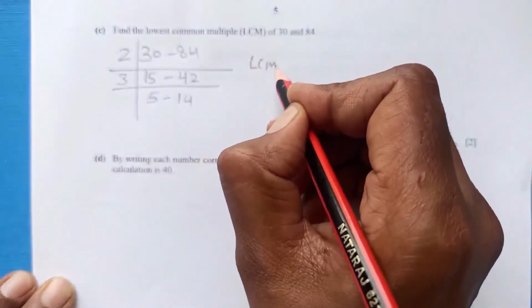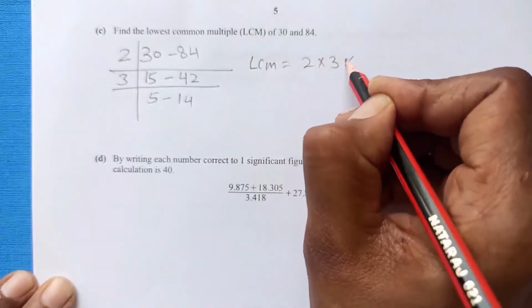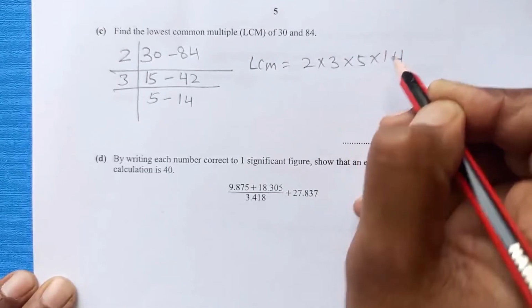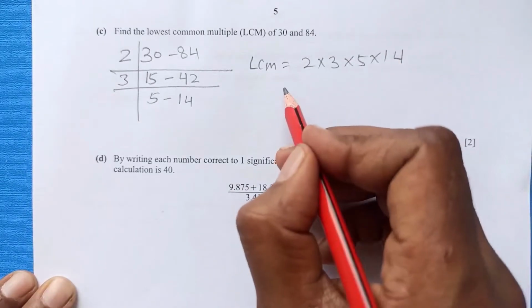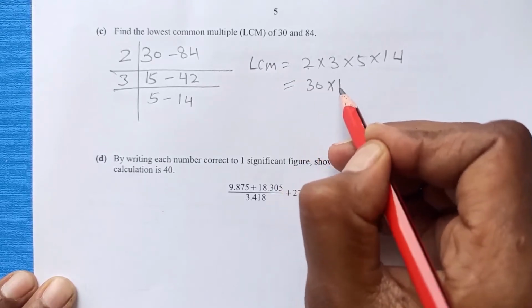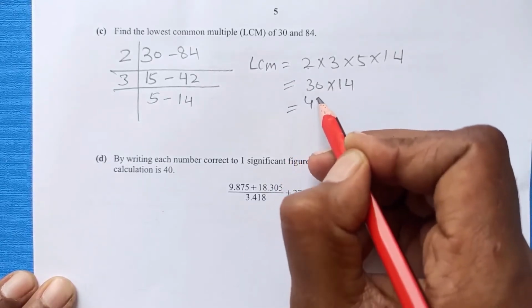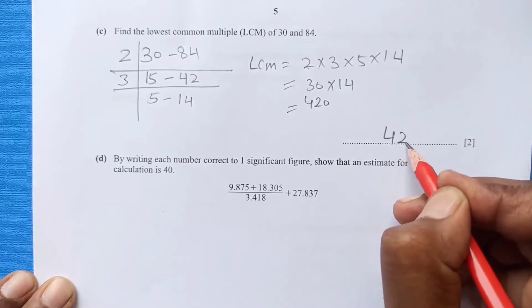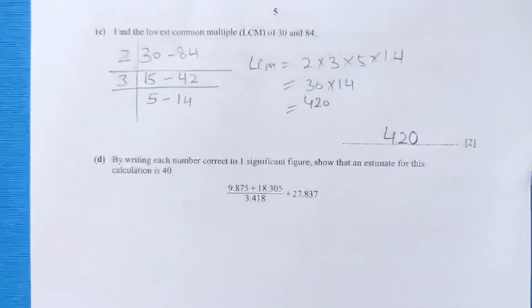So LCM will be 2 times 3 times 5 times 14. When you multiply this, 3 times 2 is 6, 6 times 5 is 30, 30 times 14. 14 times 3 is 42. It is 420, the final answer, right?